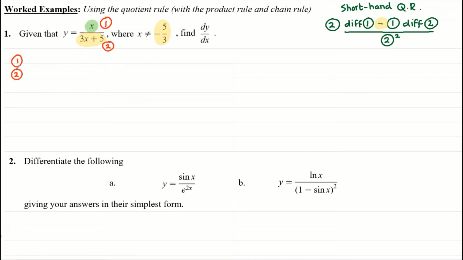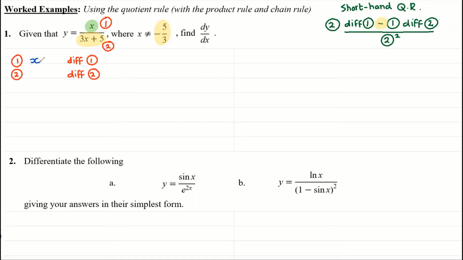And then we're going to do the derivative of 1 and the derivative of 2. And just bear in mind while you're doing this, like I said, we're going to be using the product rule and the chain rule while we're using the quotient rule. So there might be a little bit more work to do when differentiating 1 and 2 separately.